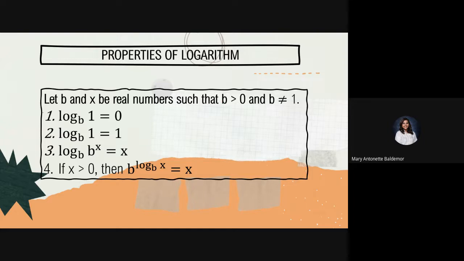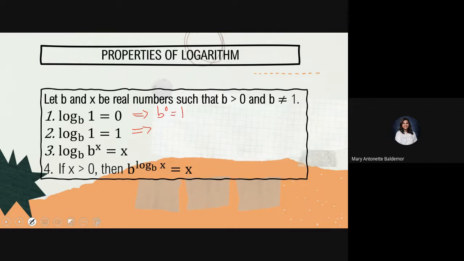Okay, so the first property: the logarithm of 1 with base b is equal to 0. This means that b raised to 0 is equivalent to 1, because any number raised to 0 is equivalent to 1. For property number 2, the logarithm of b with base b is just equal to 1.